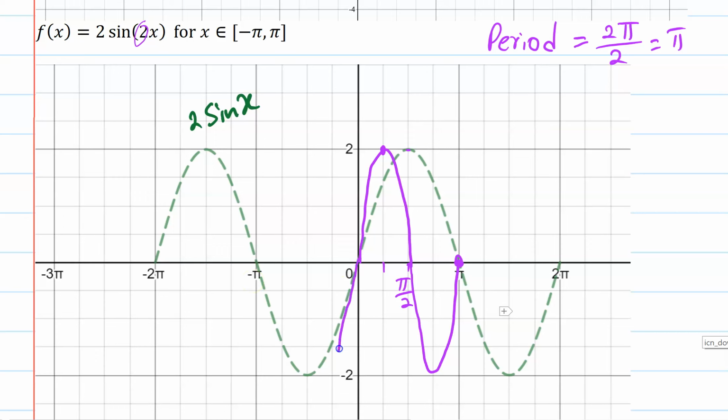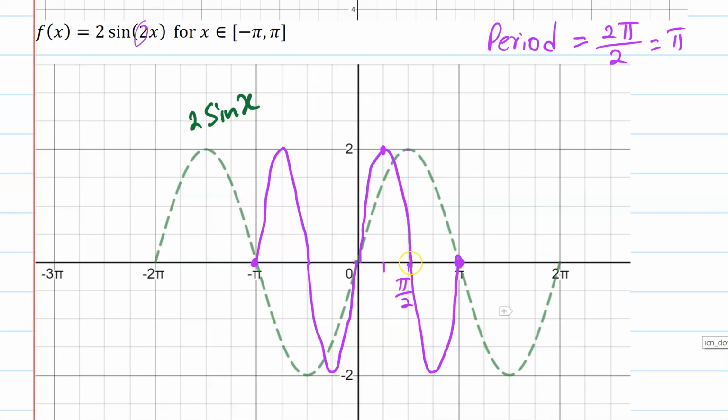So it should go down and then hit the minimum and then come back. That's a bit bad. Let me do that again, or rather this way. It's much better. And then the hump is that way. Okay, so that's our graph for 2 sine 2x between negative pi and pi.